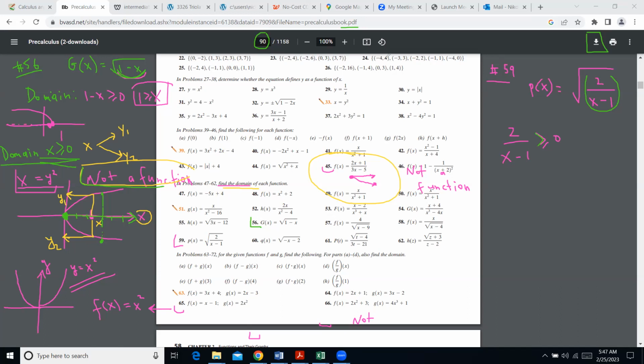So anyways, let's find the domain of this, right? So how do I find the domain? Well, I need to find x, and since x is in the denominator, we usually try to put this in the numerator somehow. And notice that in this case, I need to have x minus 1 be a positive number because 2 is positive.